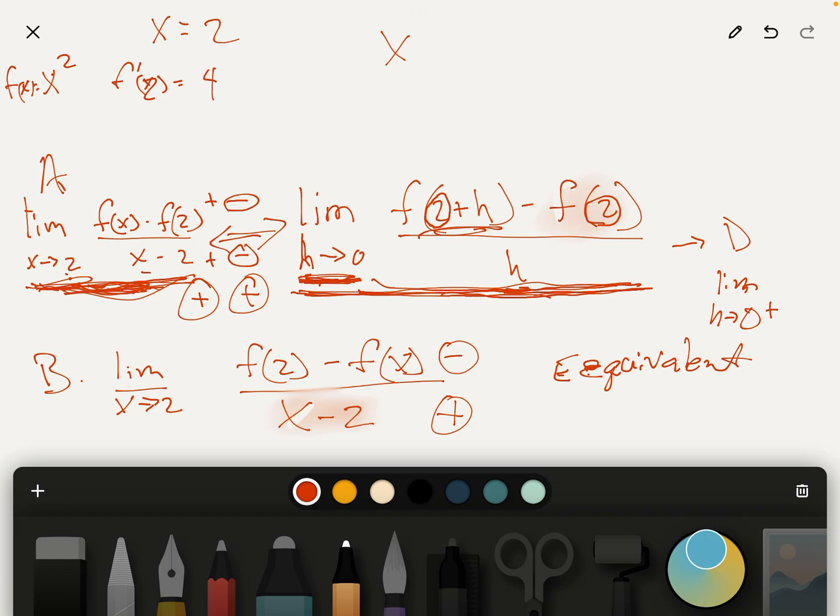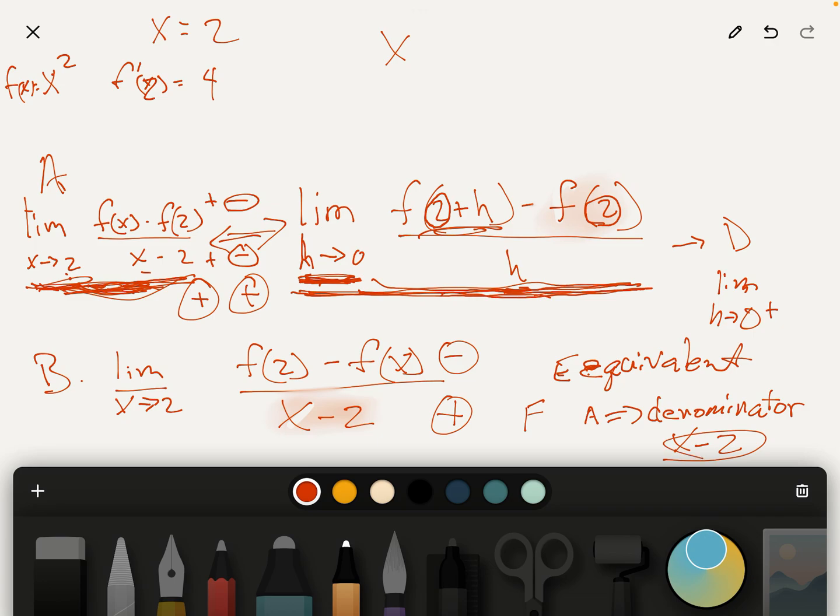And then finally F. Well, the reason F is incorrect is because the denominator is wrong, right? We already know from A that the denominator has to be x minus 2.